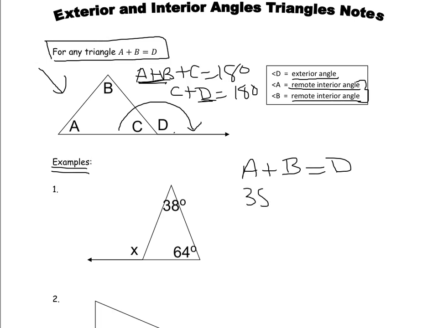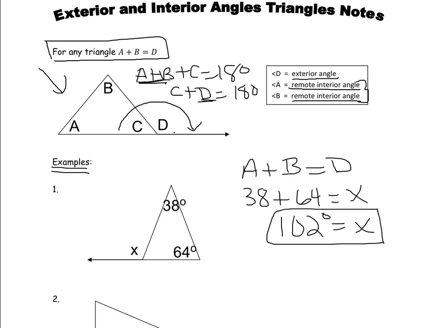We know 38 plus 64 will equal X. You don't have to go through and find that other angle of the triangle. You can just go right to those and add them together, and we get 102 degrees for that exterior angle.